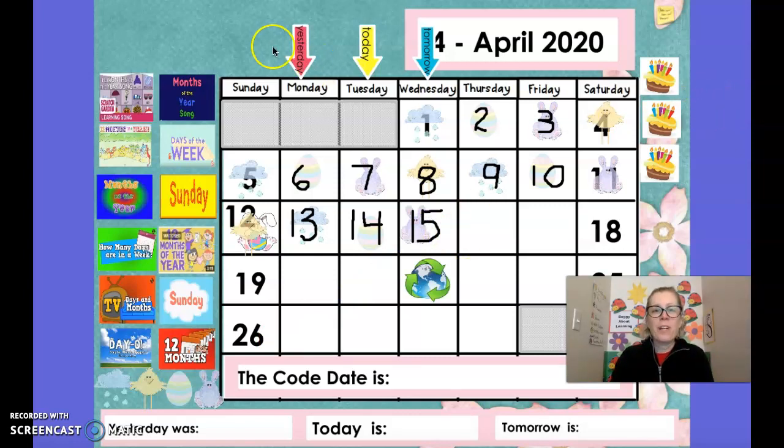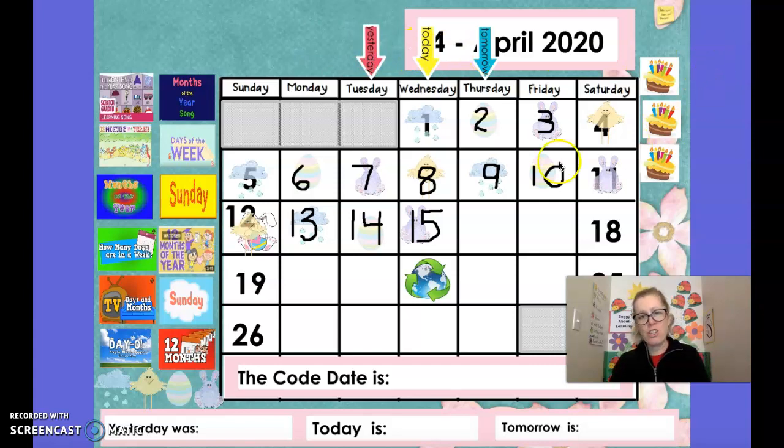All right, we're going to change our arrows up here because today is not Tuesday. We're going to move our arrows and slide them to the spot to the right, 1 space. So I'm going to slide all the arrows over 1 space because today's a new day. And we move in their reading direction. So we can say that today is Wednesday.